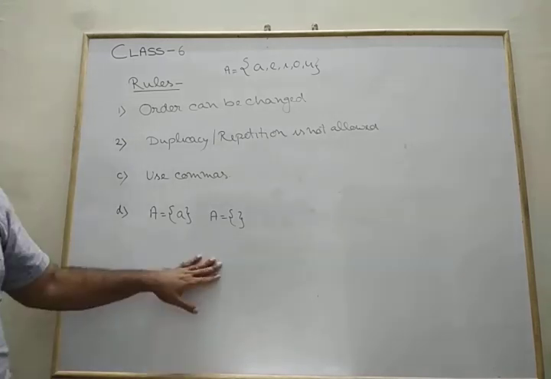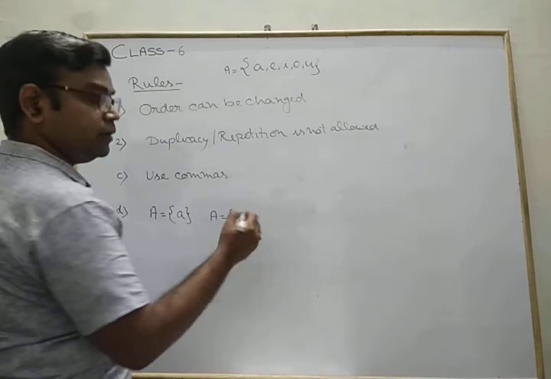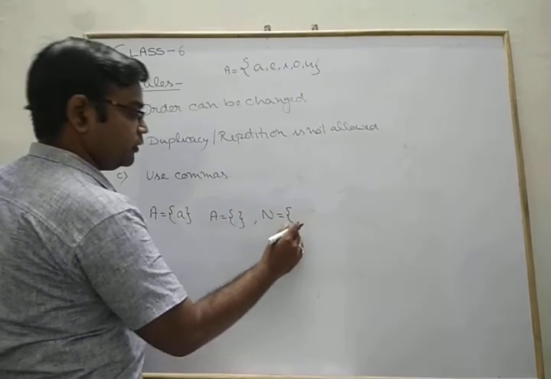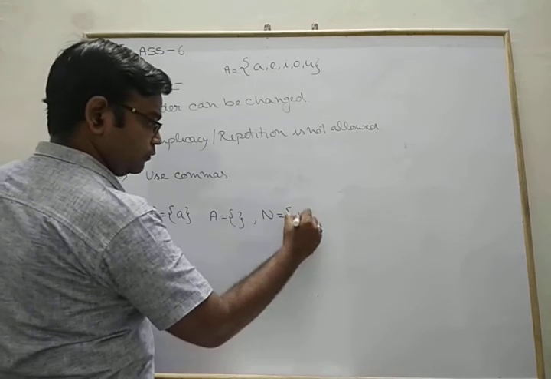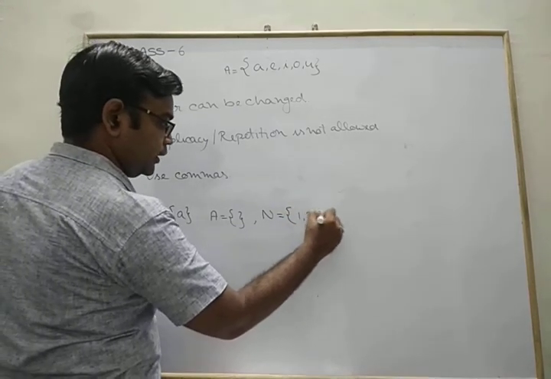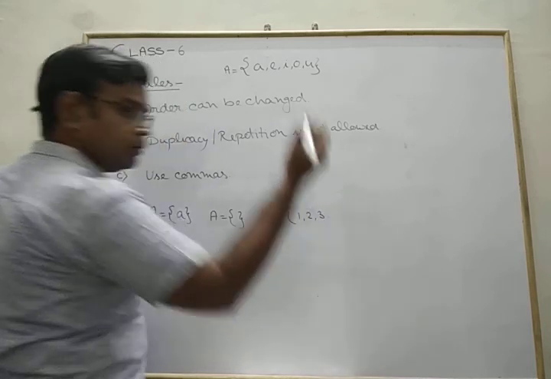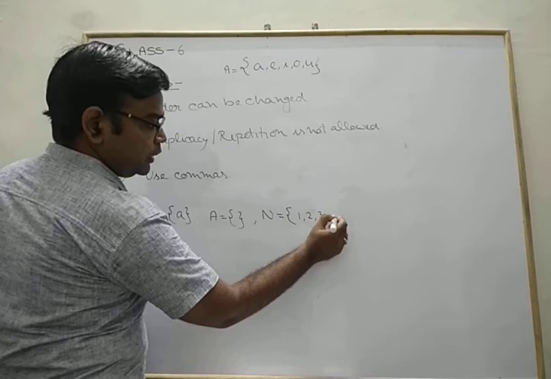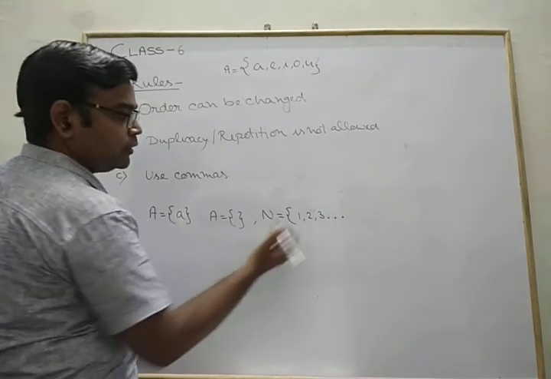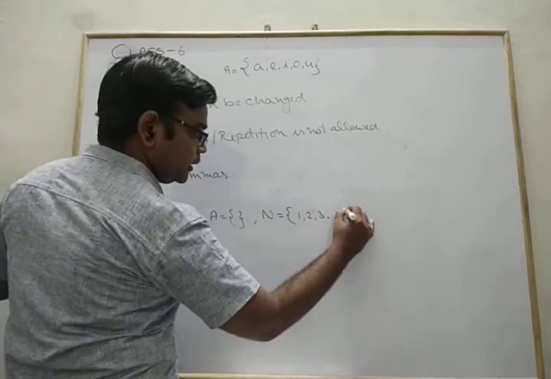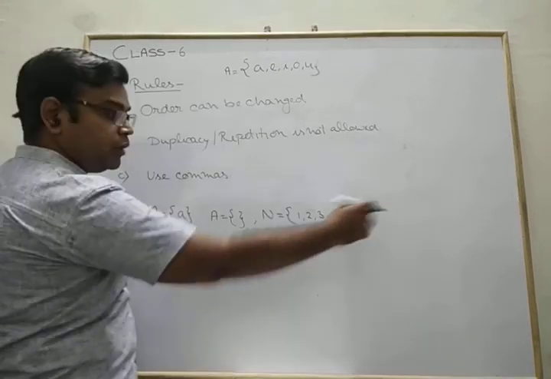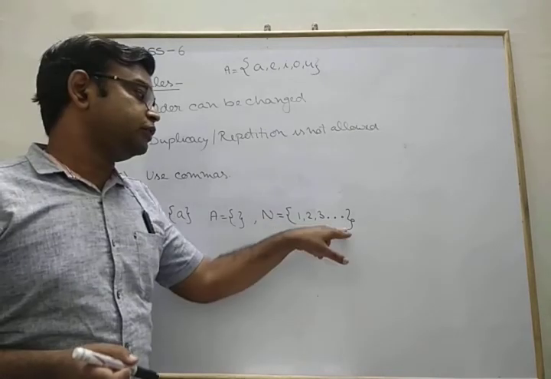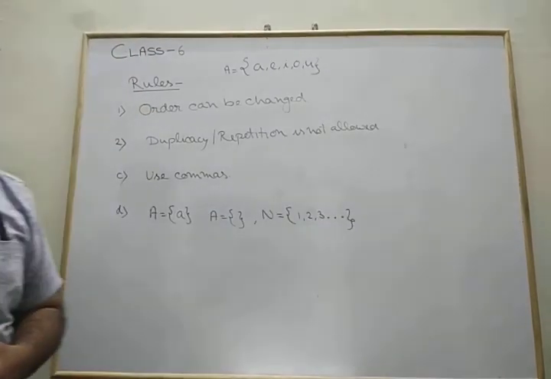If the number of elements is large, for example natural numbers, we can write 1, 2, 3, and we know that they go up to infinity, so we use three dots. We use three dots to show that the list is going on, and we don't know the end point. If we know the end point, then we write the end point after the dots, and then we can close the bracket.